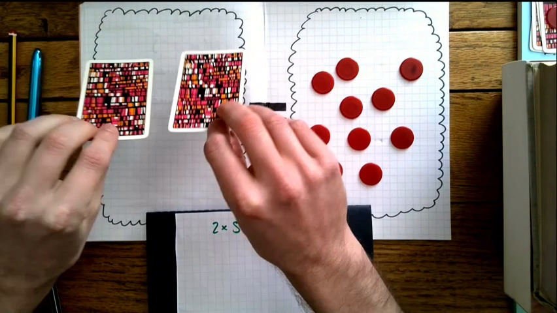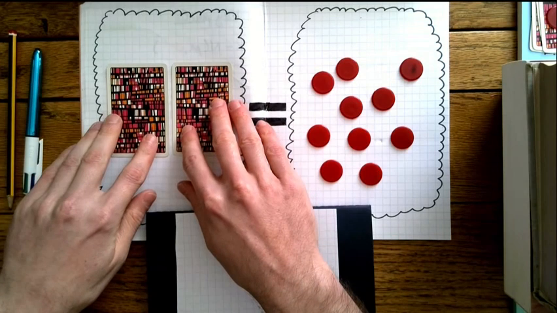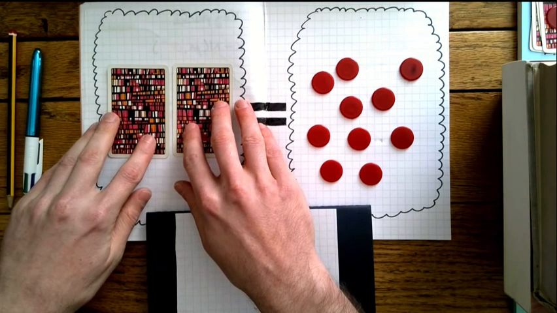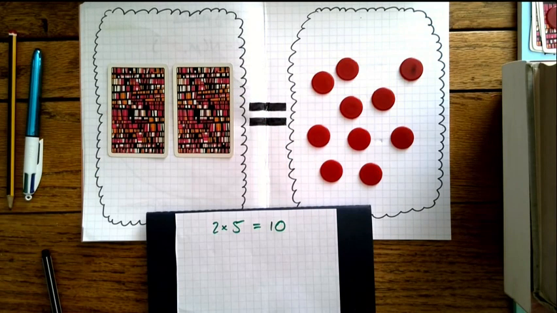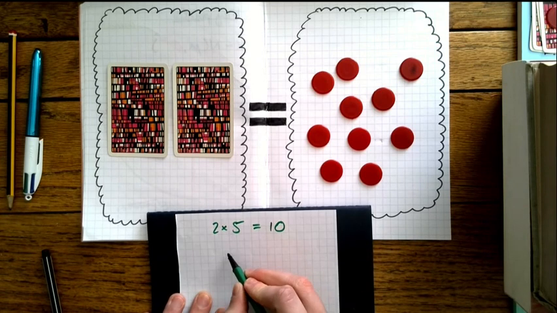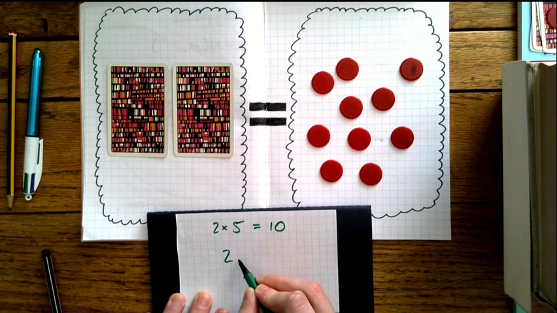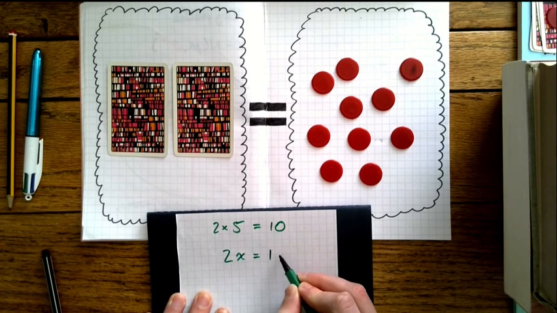Okay, but now I'm going to do something. I'm going to turn these cards over. Now obviously me and you still know that they're 5, but we can't see them anymore. I'm going to write down what this picture means to me now. We have 2 things that we can't see and they're still equal to 10.